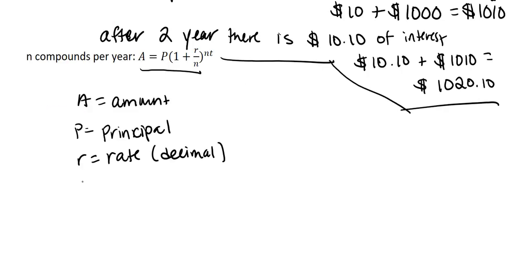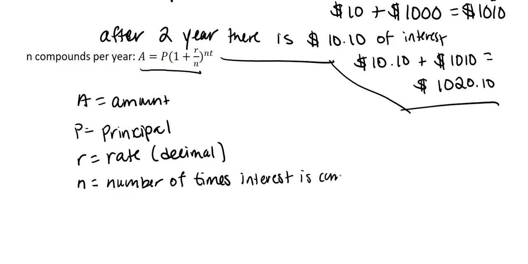And then N is the number of times interest is compounded per unit of T. So the number of times they could be compounded, say in a year, could be, for example, if it's annually, it could be 1.